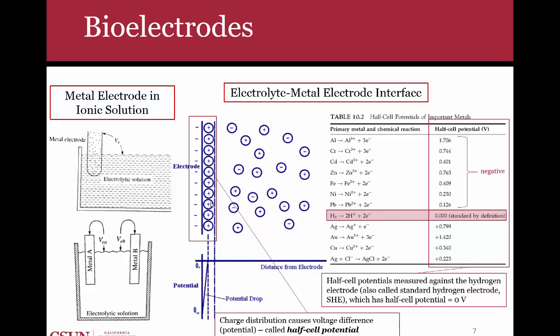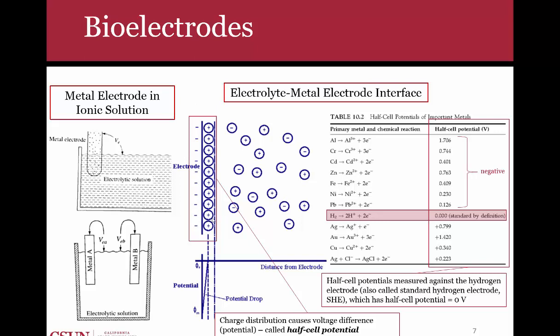The main important part here is that because you have electrons on one side of the interface, the metal side, and you have ions on the other side, the ions cannot just break the bonds of the metal and force themselves into the metal.